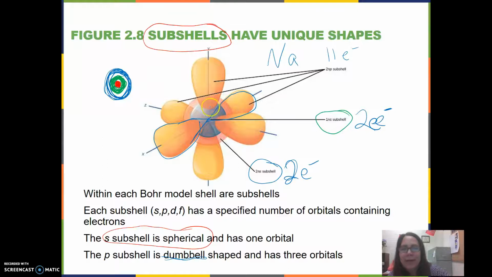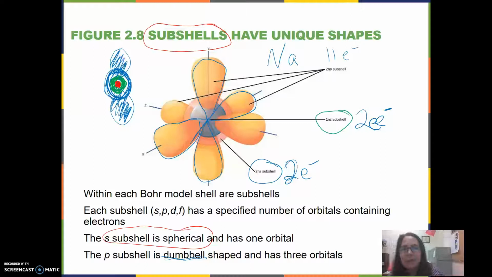And on the y-axis, you have this dumbbell shape. And then the z-axis, the same thing. On this one, I'm just going to draw one of the dumbbell shapes. But that region in that dumbbell shape is where the next 2 electrons reside.